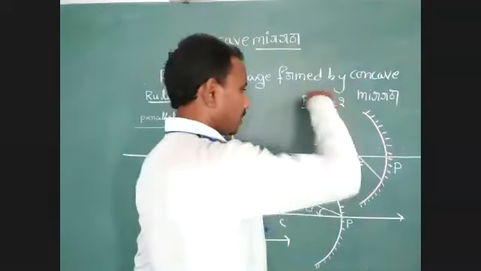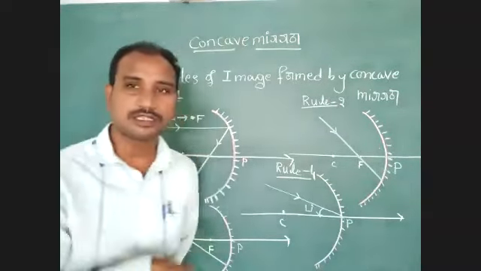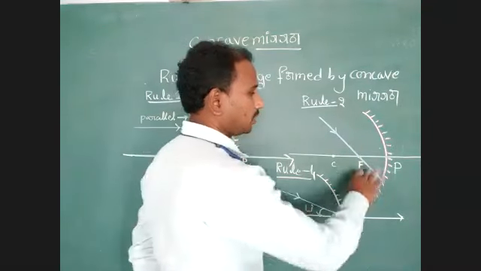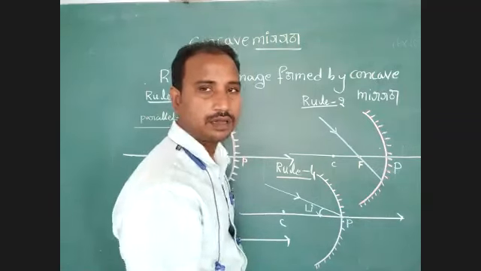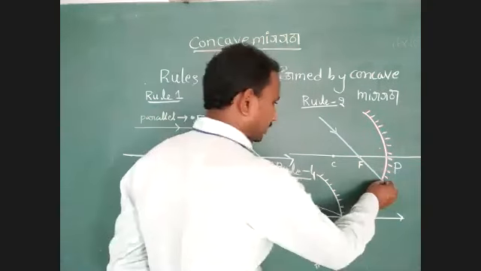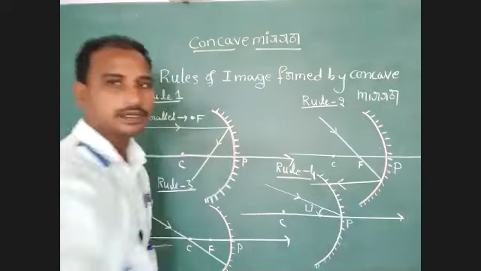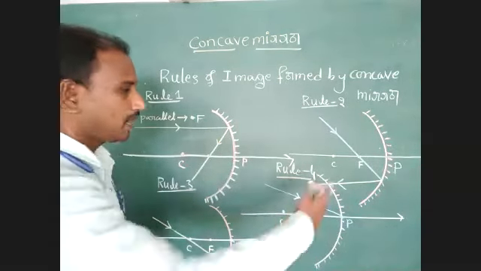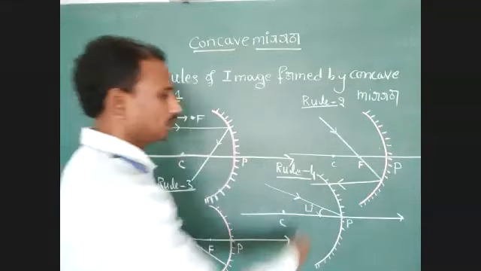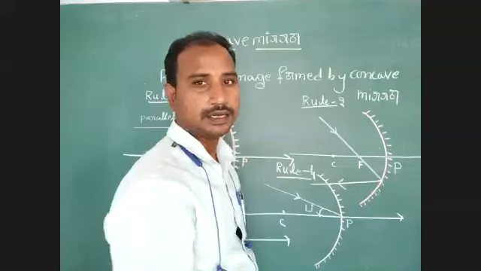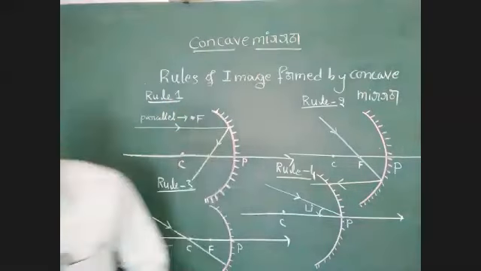Next one, if a ray of light is passing through the principal focus, after reflection, the reflected ray is parallel to the principal axis. This condition is rule 2. What is the direction?